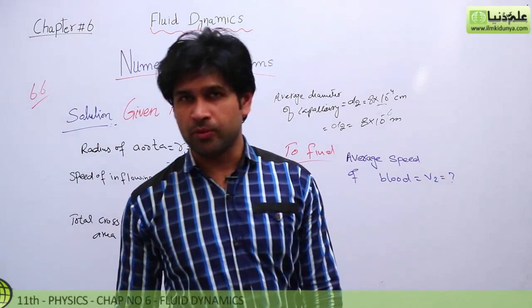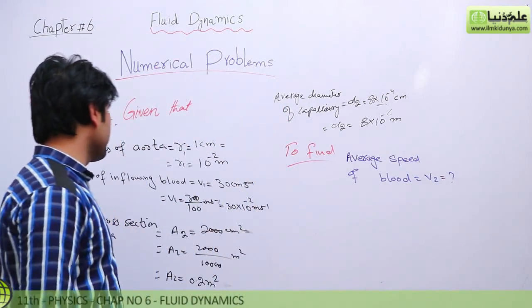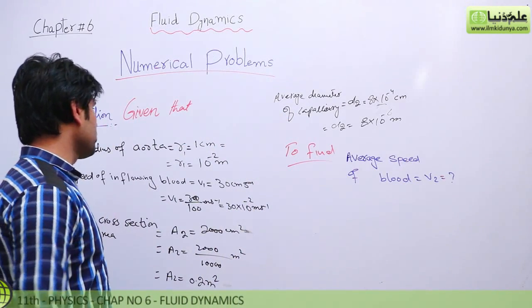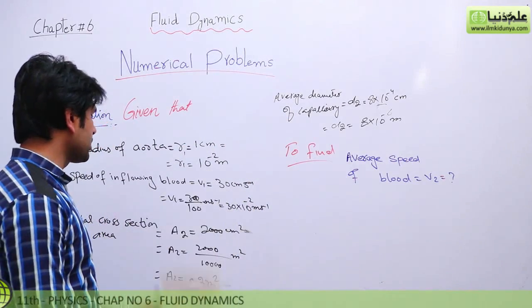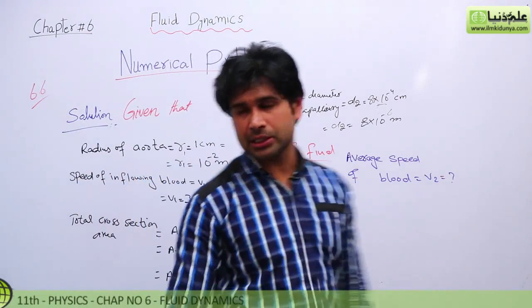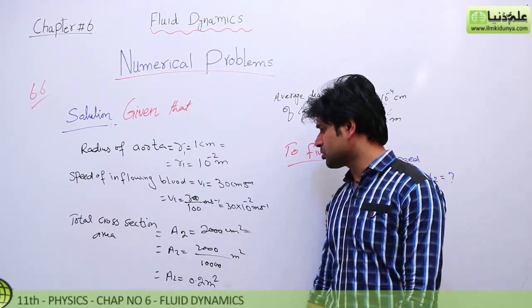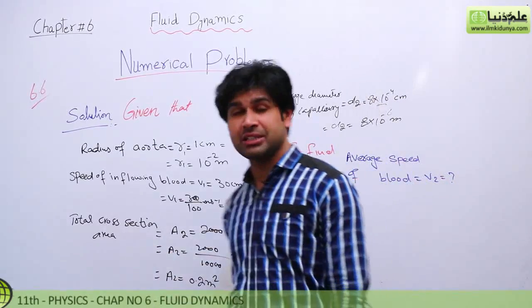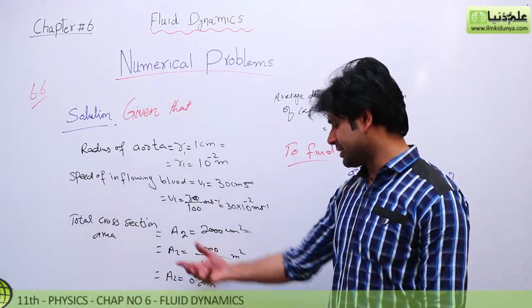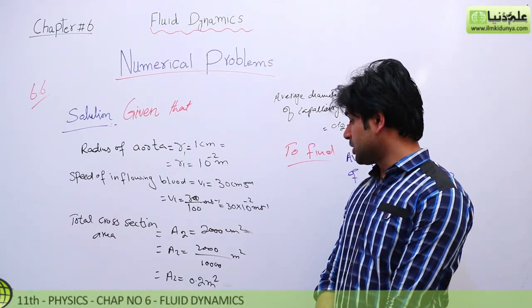solve this numerical problem, we can see that in our given data we have the radius of aorta, which we have mentioned as R1, and the speed of inflowing blood, which we have mentioned as V1, 30 centimeter per second. We convert this to 30 × 10 to the minus 2 meter per second, and the total cross section area, given as A2, is 2000 centimeter square, which we have converted into meter square.